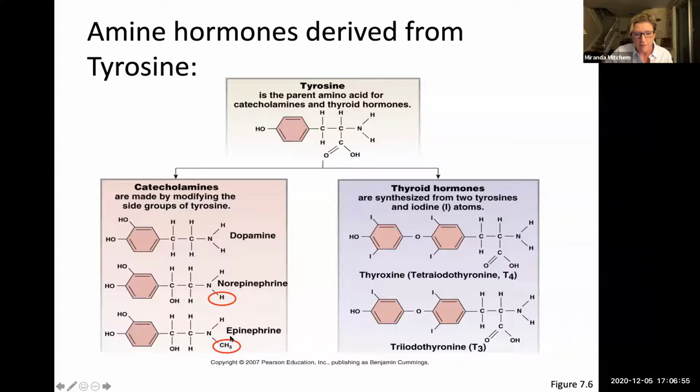And then in epinephrine, we have a methyl group on the terminal nitrogen, whereas there's a hydrogen on the other two catecholamines. The thyroid hormones, we've got two tyrosines, and they have iodine on them.